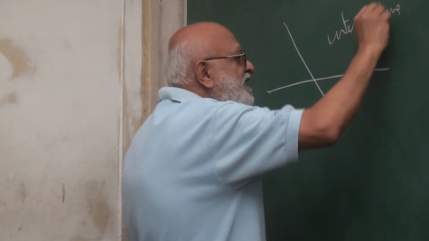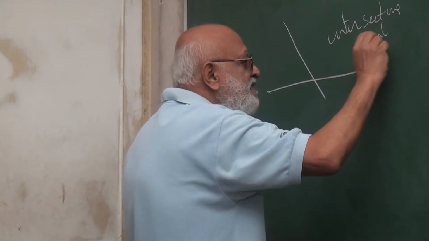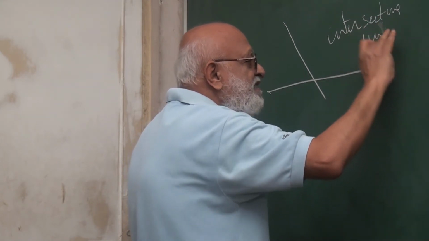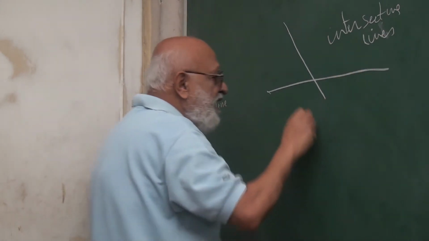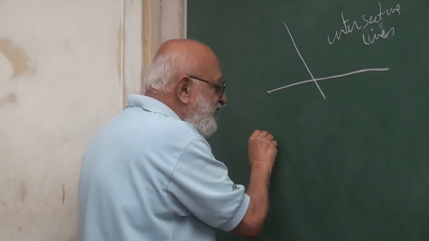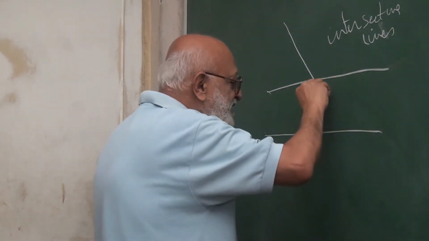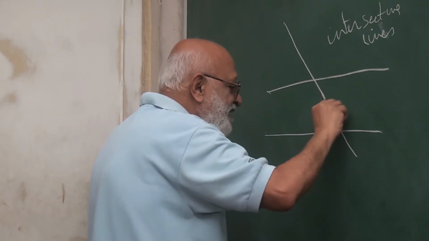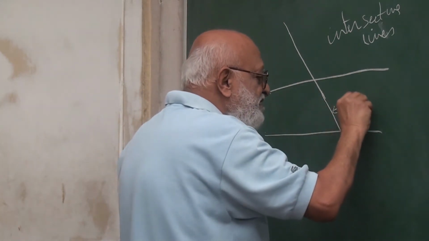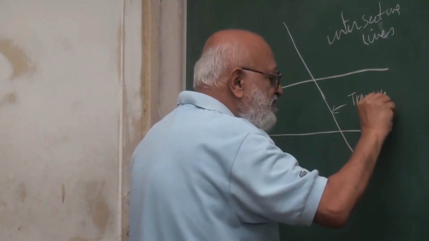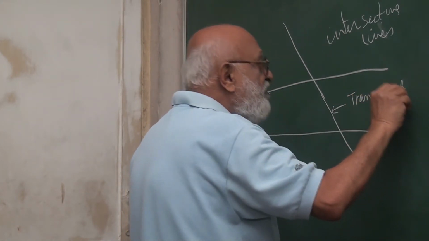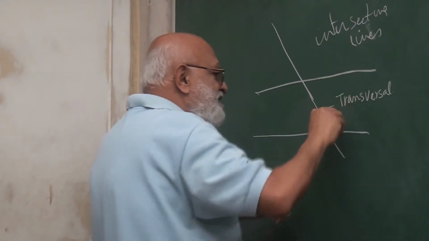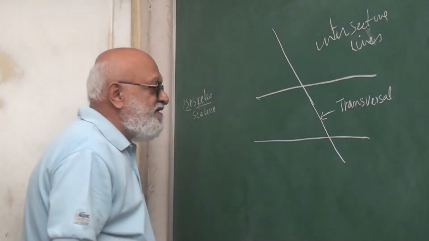As soon as this line intersects another parallel line, it is called a transversal. It changes from an intersecting line to a transversal.